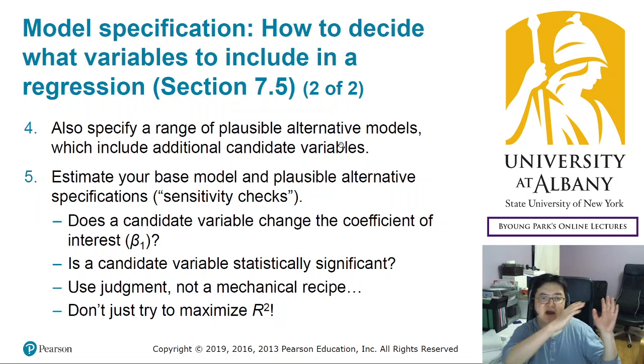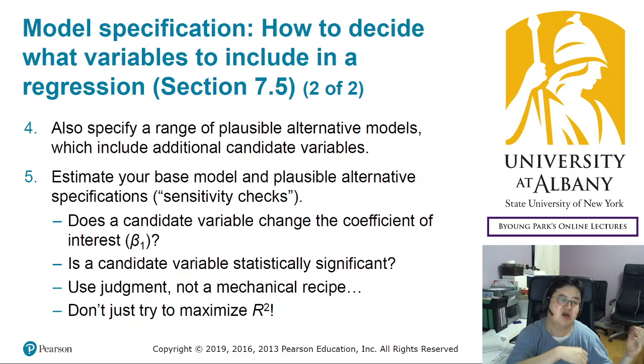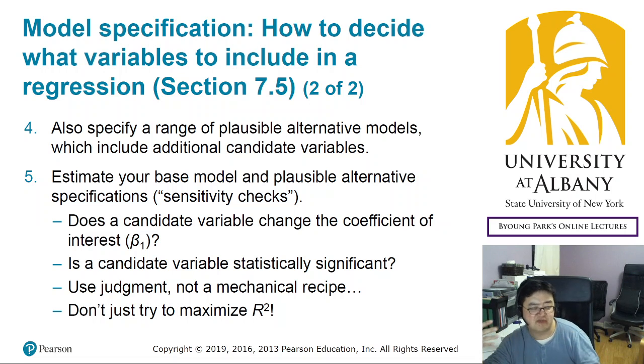You have to try many different models, and you have to see how they change. There must be some systematic patterns from different models. When you include a variable, you need to see how other estimates change. And when you drop another variable, what's the difference?